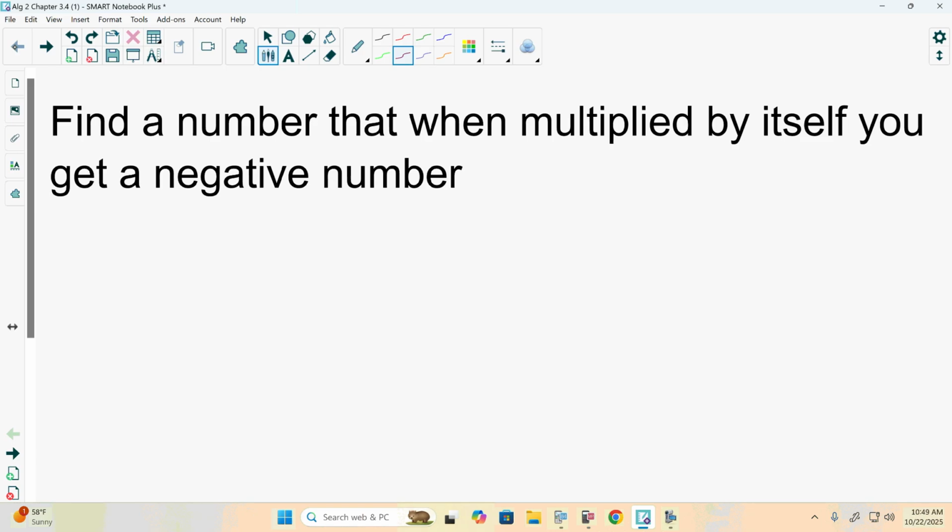Well, what could we try? Well, just pick something. We can multiply 0 by itself, and 0 times 0 is 0. Unfortunately, 0 is not positive or negative, so we really didn't get what we wanted.